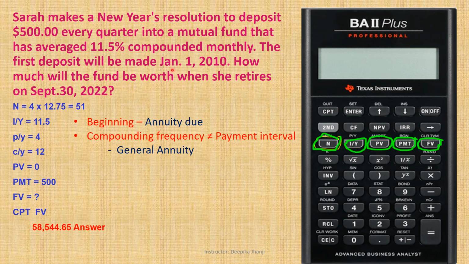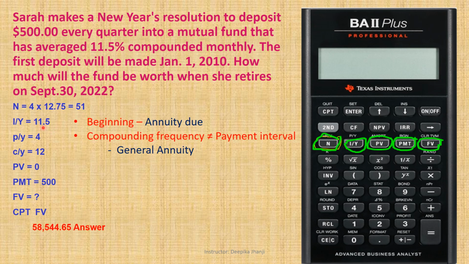When I calculate time between January 1st, 2010 and September 30, 2022, it comes out to be 12.75 years. Because the payments are made quarterly, 4 times this gives you 51.